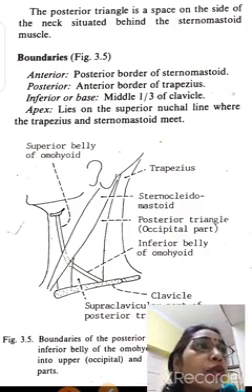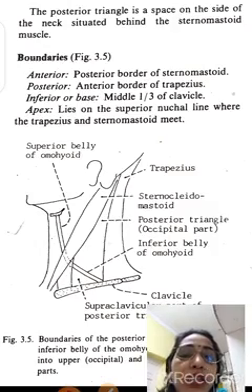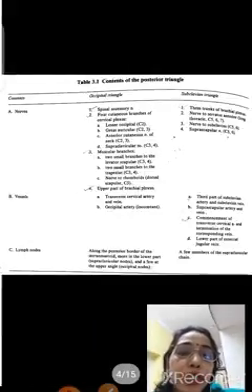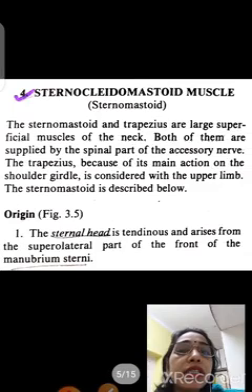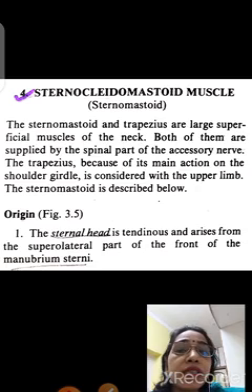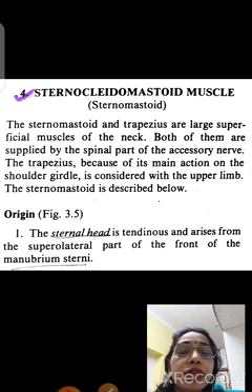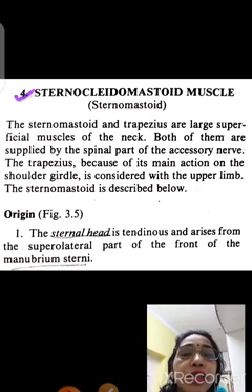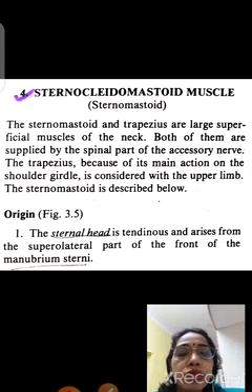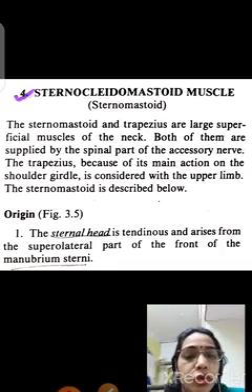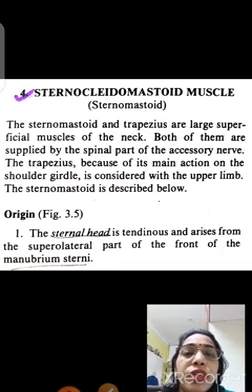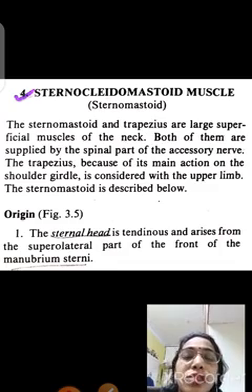Now, sternocleidomastoid. A very important muscle of the neck is sternocleidomastoid, along with trapezius. These both muscles are the sternocleidomastoid, here also written as sternomastoid. Sternomastoid and trapezius are the large superficial muscles of the neck.